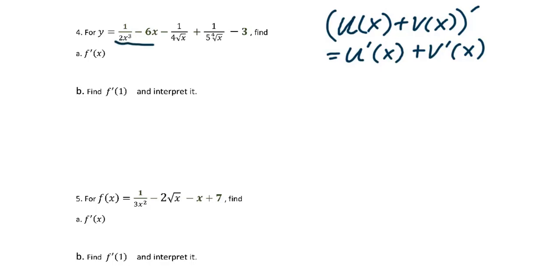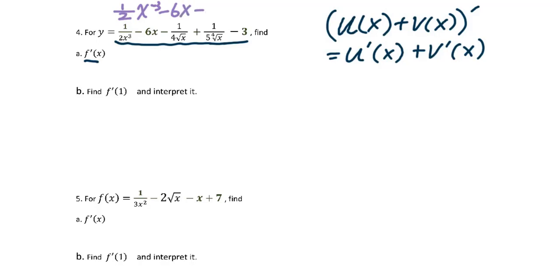For this function, we want to figure out the derivative. The first step, always you change into single power. Therefore, for 1 over 2x third power, that is 1 over 2x to the negative third power minus 6x.